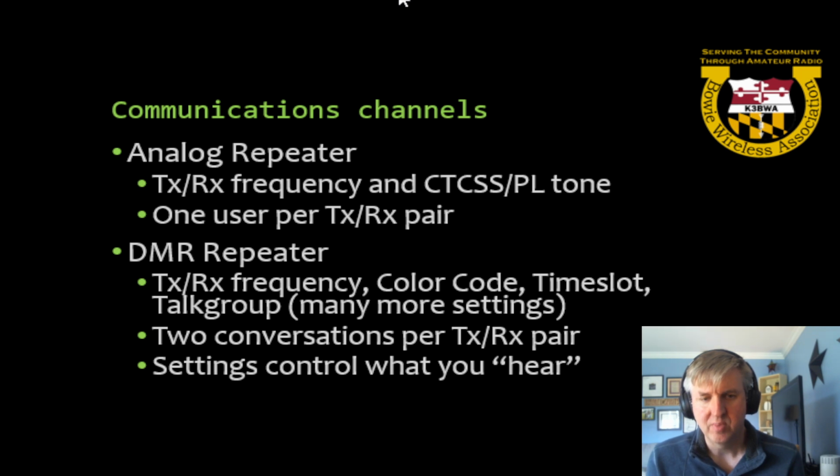The other part, which is different in DMR, which I covered in the first video, is this concept of a time slot. A given transmit-receive pair has 2 time slots, time slot 1 and time slot 2. And what this allows is the example I gave on analog. Maybe I'm having a conversation with N3ADF on time slot 1.